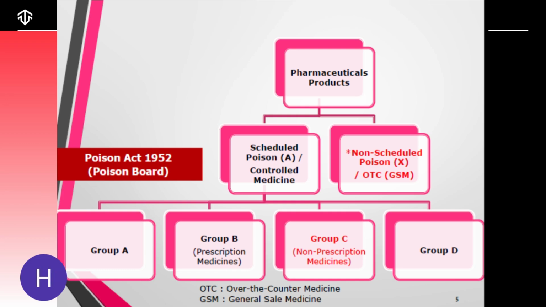For example, analgesic drugs such as paracetamol, topical antiseptics, sore throat preparations, laxatives, or anti-acne products. The scheduled poison can be further subcategorized into groups A, B, C, and D. We will further investigate and identify the definitions of groups A, B, C, and D under the scheduled poison.